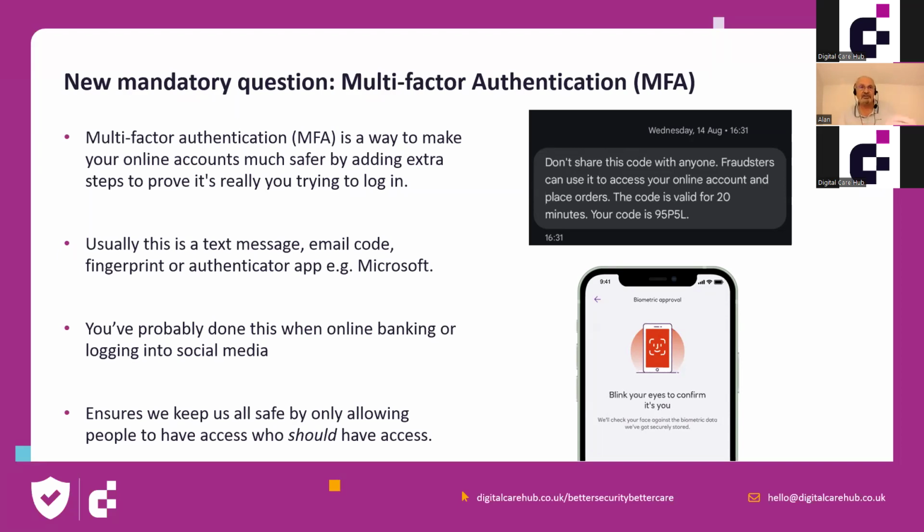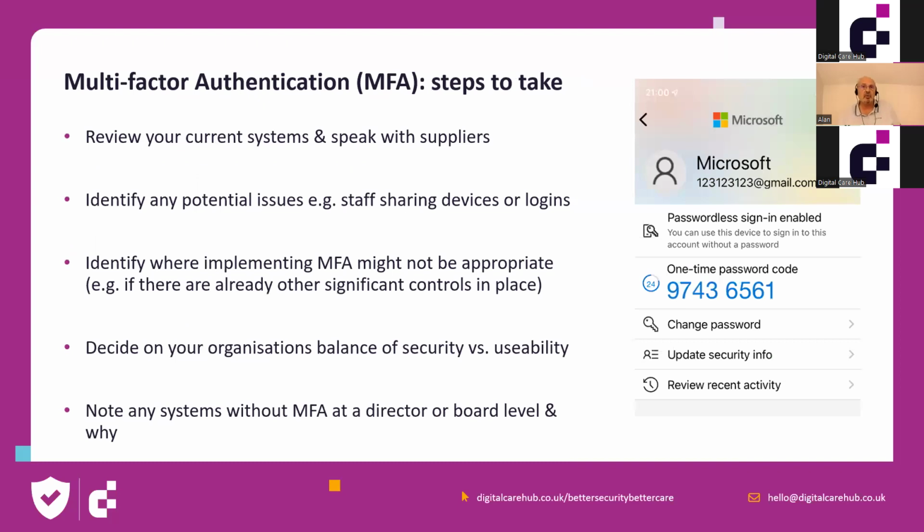So if we look at the next slide, we can see what we need to be doing. So we need to be reviewing our current systems and speaking with suppliers around whether or not multi-factor authentication is enabled. We need to be looking and auditing our systems and processes to see if there are any potential issues. So are staff sharing devices or logins, etc.? Because we need to make sure that that practice stops in order to be able to ensure the safety of the information we've got. Then we need to be thinking about when might MFA be appropriate and when might it not be appropriate.